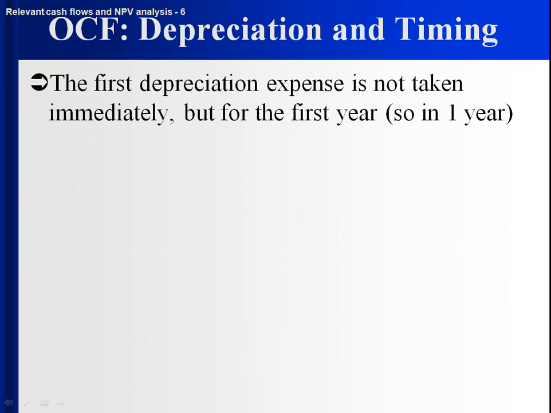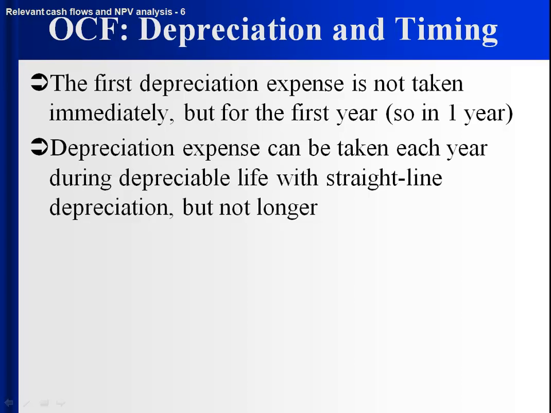A couple of notes: you don't take depreciation immediately. You don't take it at time 0. It starts in the first year, in year 1. If you use Straightline, you can take a depreciation expense each year during the useful life. So if our equipment that we're buying for $1 million is depreciated over a depreciable life of 4 years, you get to take an expense in year 1, year 2, year 3, year 4, but not 5, 6, 7, 8, 9.